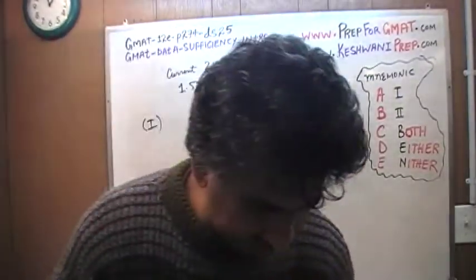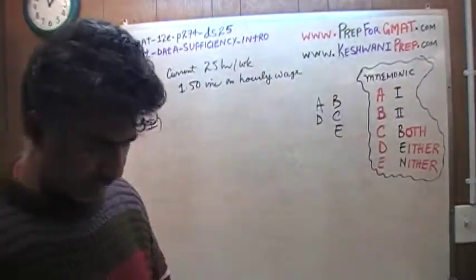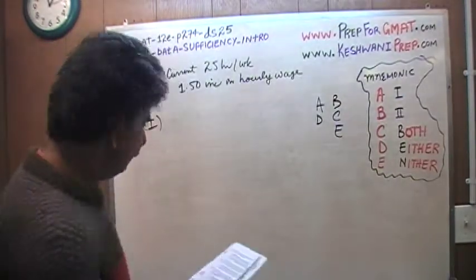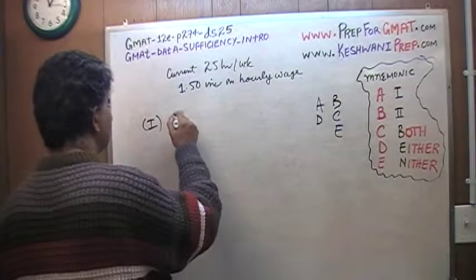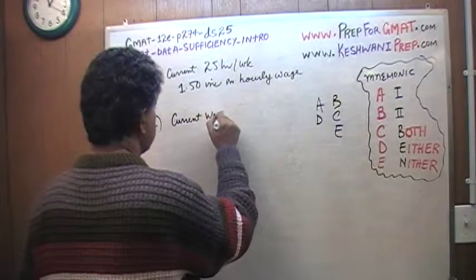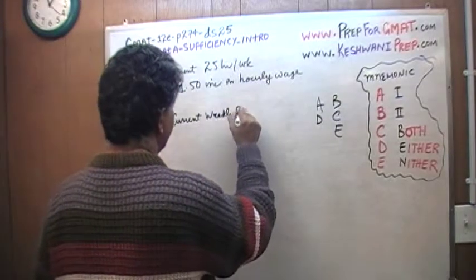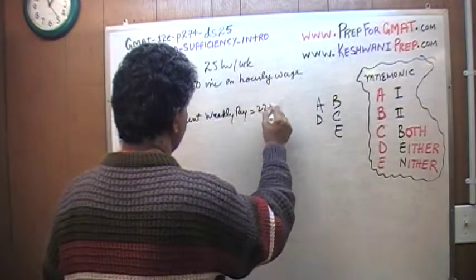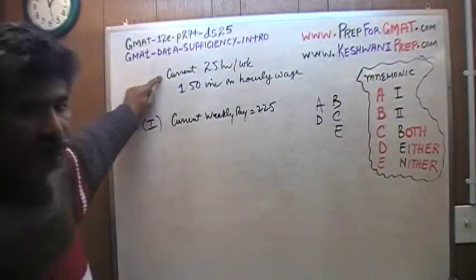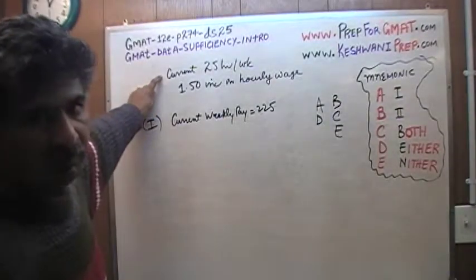Let's look at the first statement. Her gross weekly pay is 225. Current weekly pay is 225. Well, they tell us that she's working 25 hours per week right now.